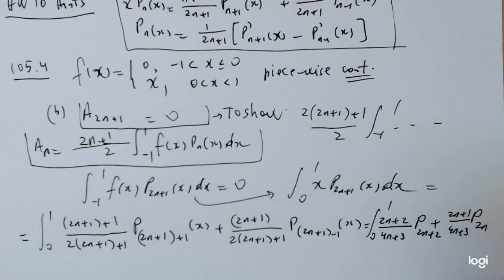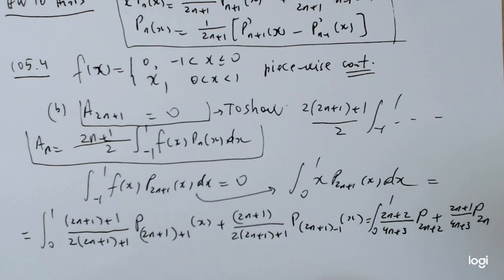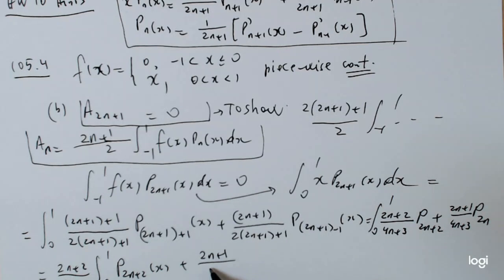All right, so that's your new integral. And you can take these two integrals separately if you want to, or you can go ahead and distribute the coefficients. So now this splits into 2n plus 2 over 4n plus 3, the integral from 0 to 1 of p2n plus 2 of x, plus 2n plus 1 over 4n plus 3, the integral of p2n of x.